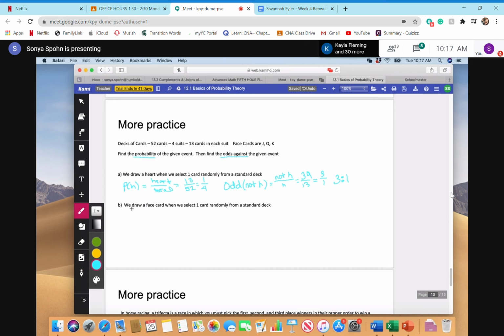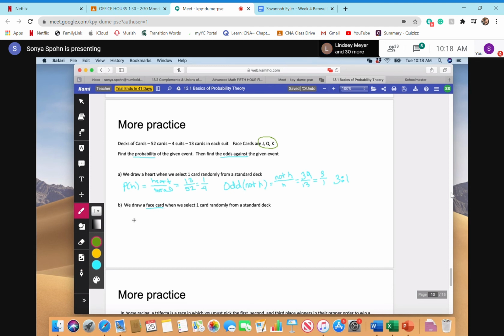Next one is we draw a face card when we select one card at random. So this time we're doing the face card. Remember, these are the face cards. 3 face cards and 4 suits. So there's 4 jacks and 4 queens and 4 kings.